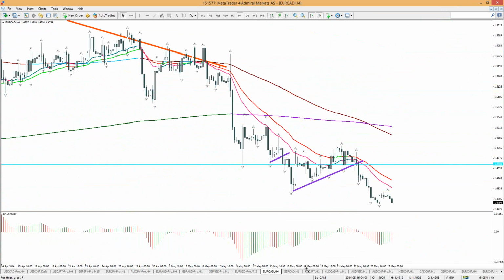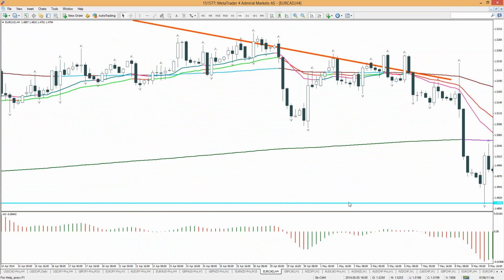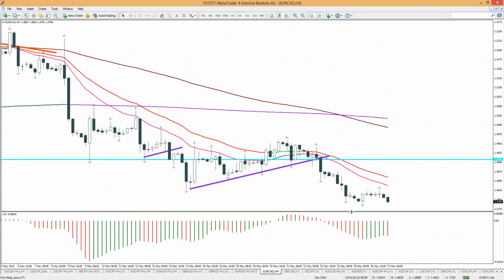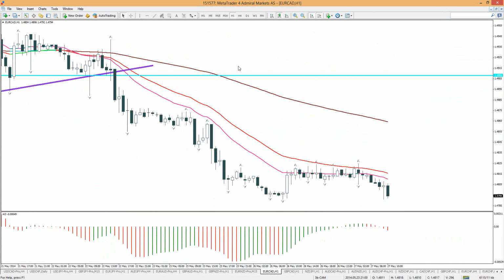Euro CAD is also moving down nicely. The only thing is there is a bit of divergence between these 4-hour bottoms. So although downside could maybe still prevail, and it is pushing down, it has good momentum to the downside.